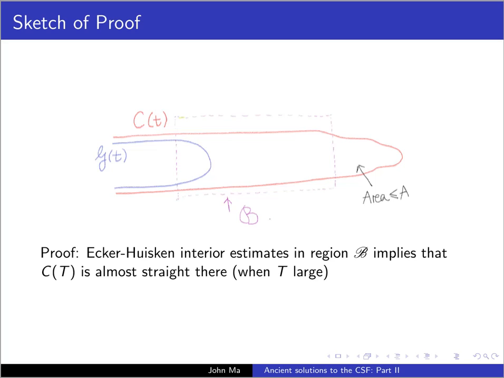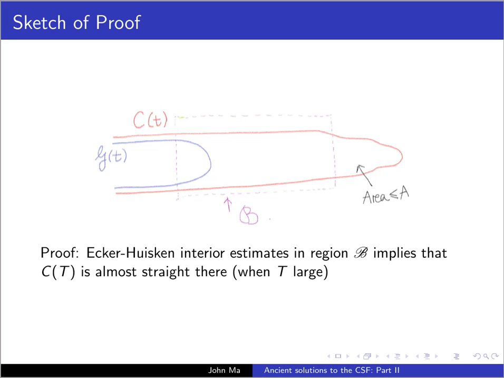If you let time be large enough, then what I can attain by this interior estimate is that those two graphs can be as close as I like to a straight line. Of course, if both are very, very close to a straight line, then the area bounded by those two straight lines cannot be small.